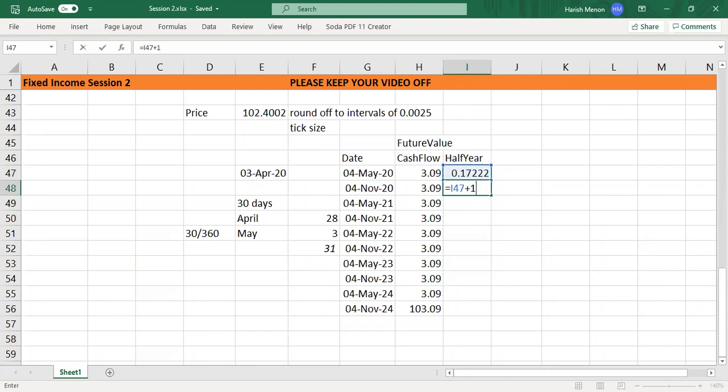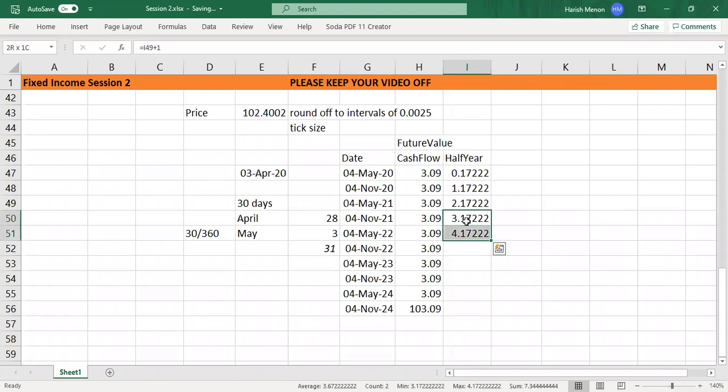Because understand now, from 4th May, you're 6 months away, then 6 months away, then 6 months away, then 6 months away. We want n, to the power what? So we will say to the power 0.17, which is 0.17 half years. Next cash flow is 1.17 half years away. Next cash flow is 2.17 half years away. This is where real world is very interesting, and this calculations continue.